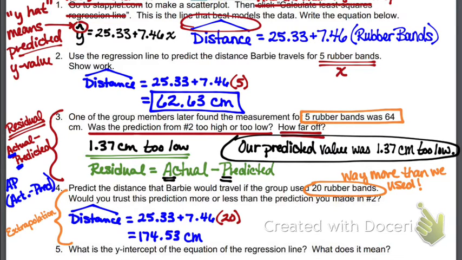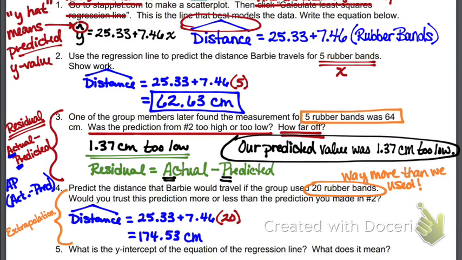It's based off of the regression. Remember, our whole regression equation, what this exists for is so that we can try to make accurate predictions about what's going to happen if we do something that we might not have an observation for. So we had observations for 0 rubber bands, 1, 2, 3, 4 rubber bands, right? They forgot 5, and then they tested 6 and 7.